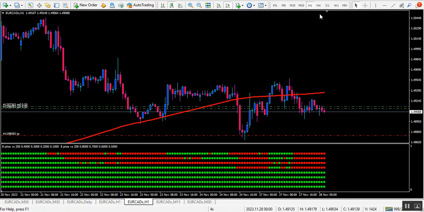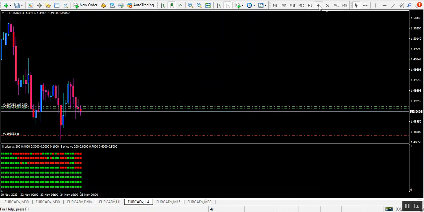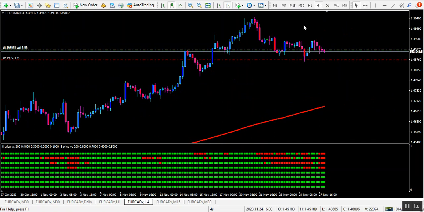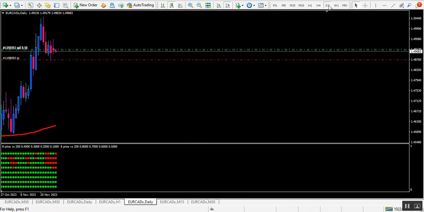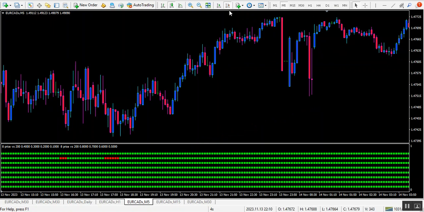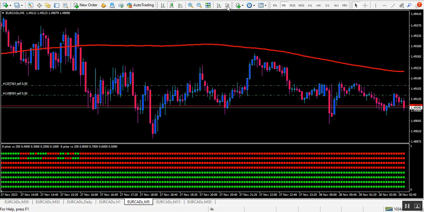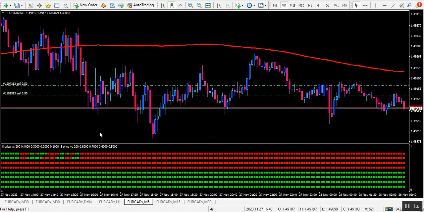Okay, now the next four, the price is above. And the daily, there's no point going back, all that. So there, you can see what's going on. You can see what this indicator's doing.